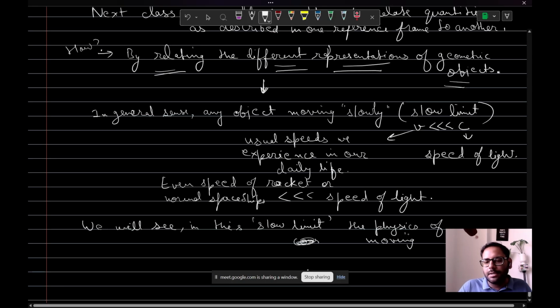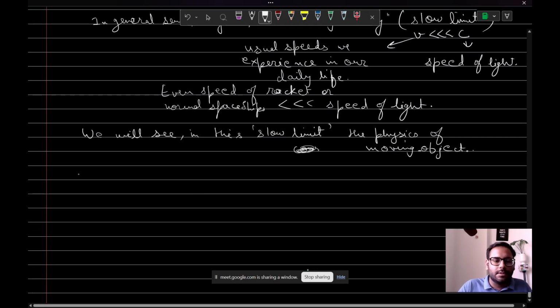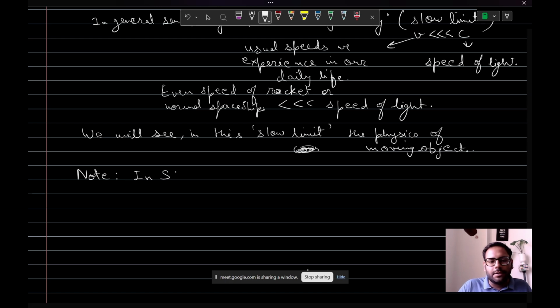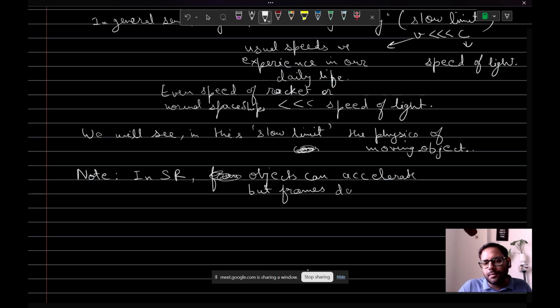We can study accelerations in special theory of relativity, but not accelerated frames of reference. Note this. This is the final thing in special theory of relativity, or say in SR: objects can accelerate, but frames do not.